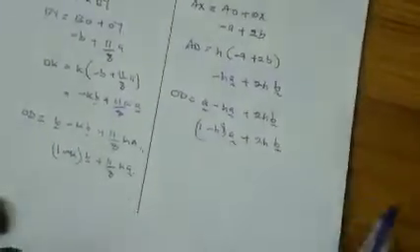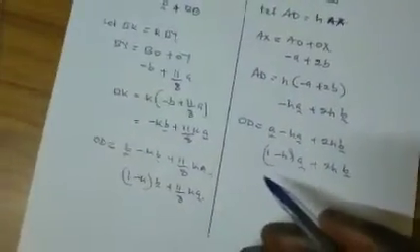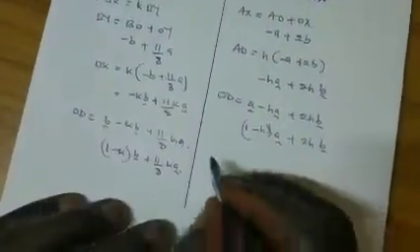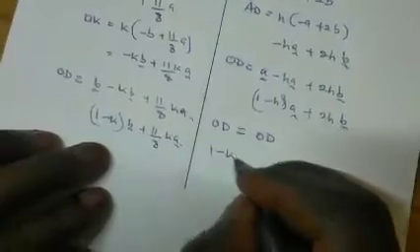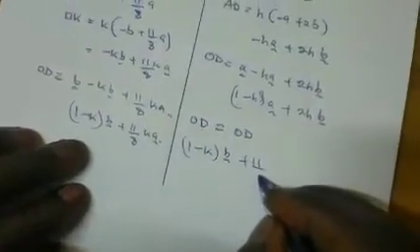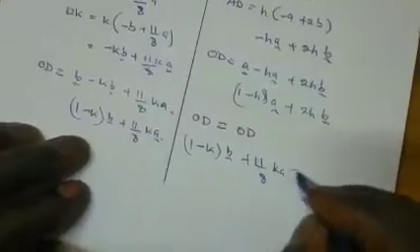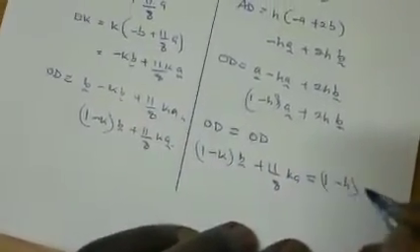And therefore we say that OD is equal to OD. Two vectorial values that are the same have the same magnitude. So 1 minus k b plus 11 over 8 ka should be equal to 1 minus h a plus 2hb.